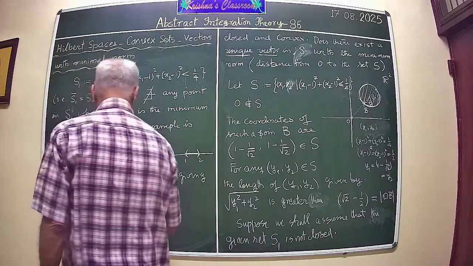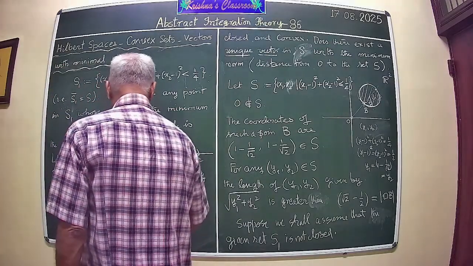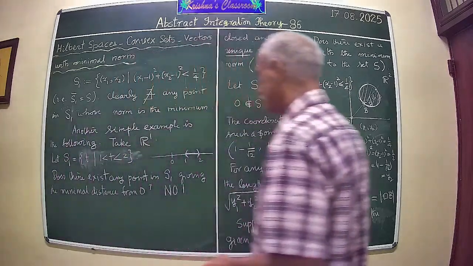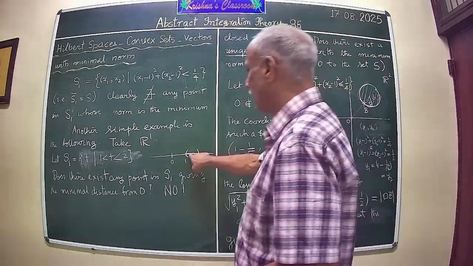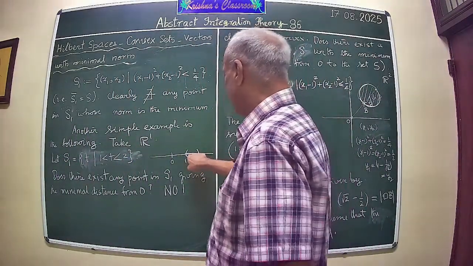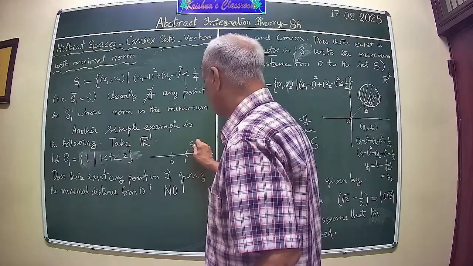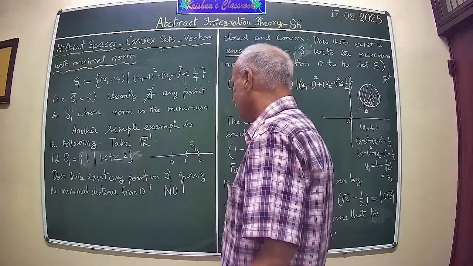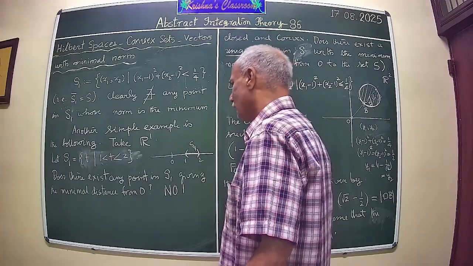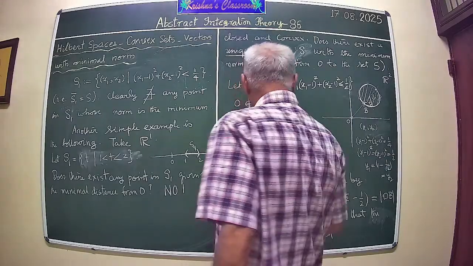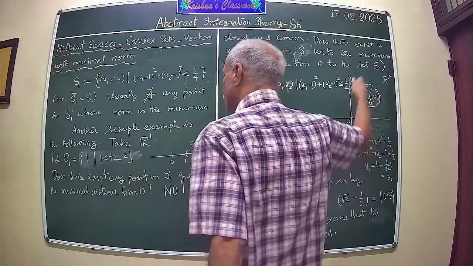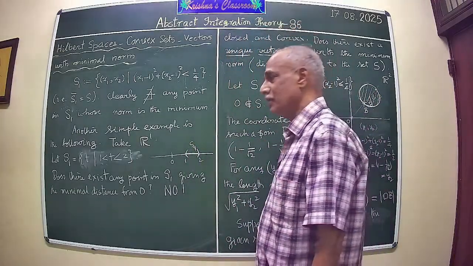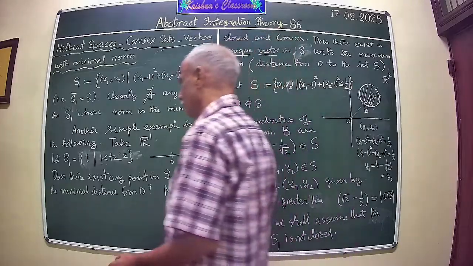The answer is no, because 1 is the point having that property, but 1 is not inside your S1. 1 gives the minimal distance, but 1 is not in your set. Therefore, dropping the condition that this is a closed set, the expected result may not follow.